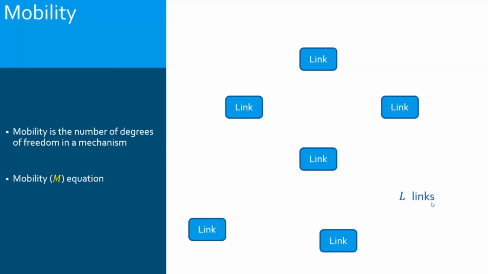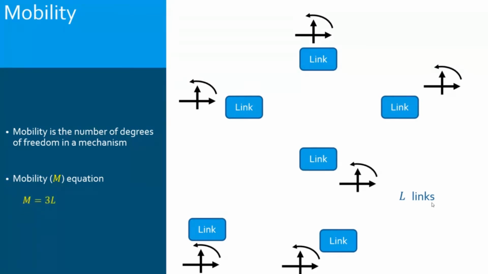Now, knowing that for any link I have 3 degrees of freedom, in all, how many degrees of freedom are available here? For each link, there is a 3.